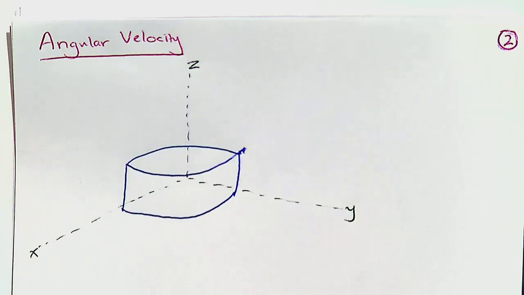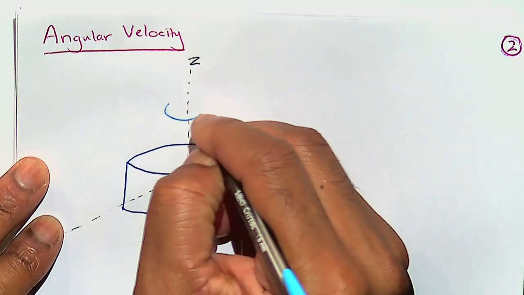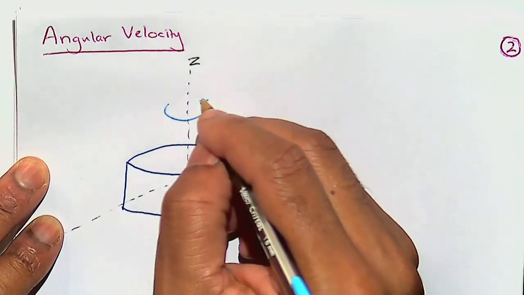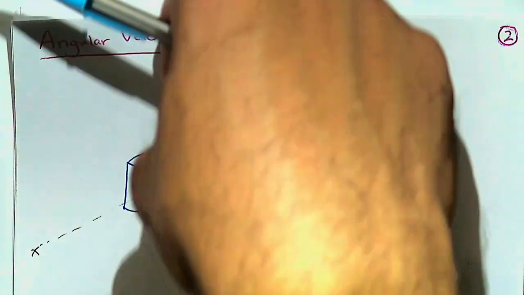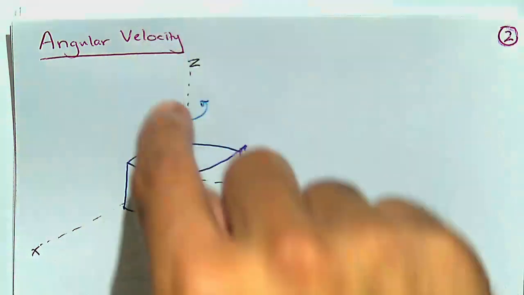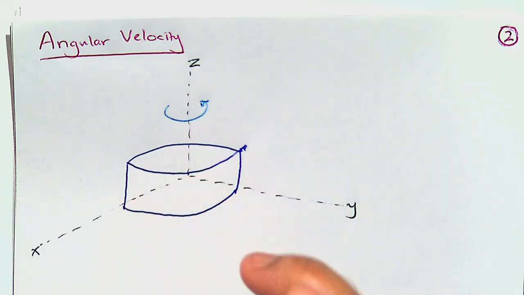And let's say it's spinning around like this, right? So from the top-down view, counterclockwise, right? If you're looking from the top here, it will look like this disk is rotating counterclockwise, right?